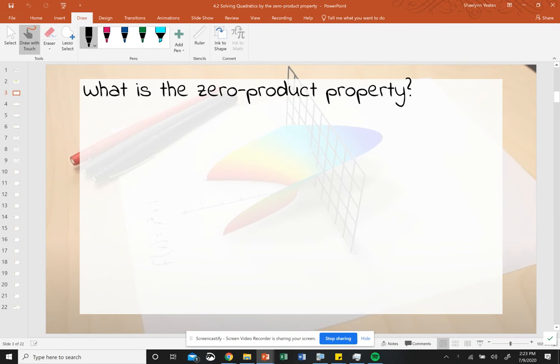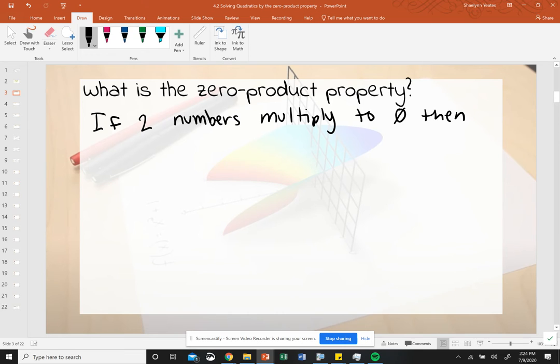So the zero product property says that if two numbers multiply to zero, or in other words, their product is zero, then at least one must be zero.